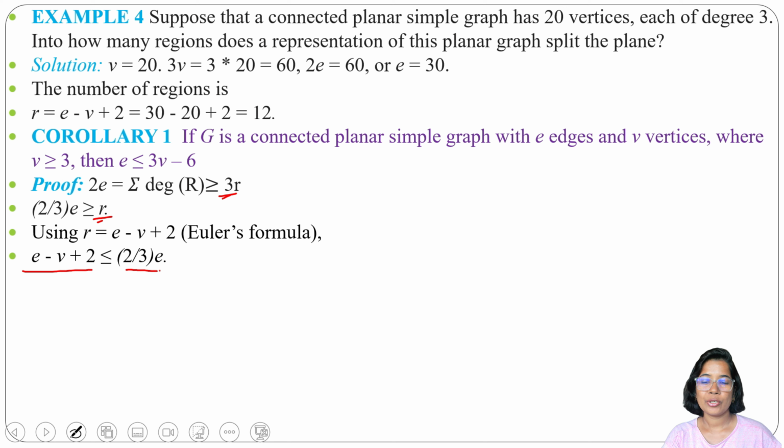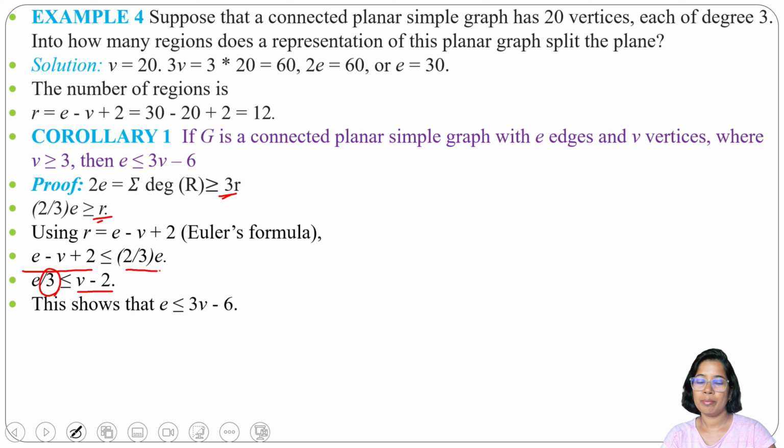So E minus 2 divided by 3 E will be E divided by 3, which is less than or equal to V minus 2. Now I can take this 3 to the right side, so it will be multiplied with V minus 2. E will be less than or equal to 3 multiplied by V minus 2. So 3V minus 6. That is the same as in corollary 1.